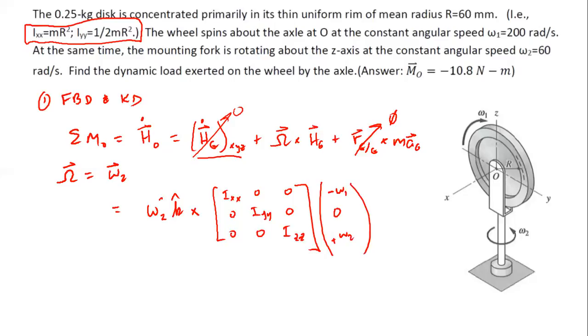Okay, so when we do this one out, basically your K's are going to cancel out when I do a K cross K, so then it just ends up being an IXX term. So IXX is just going to be the MR squared.